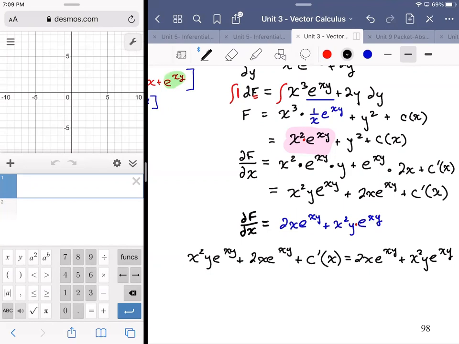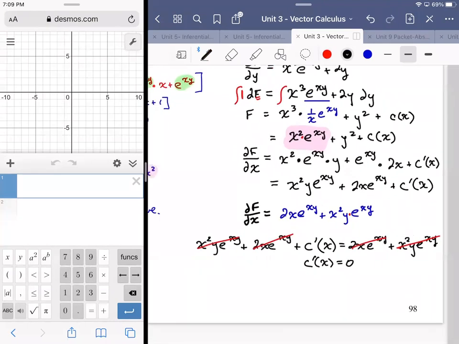All right, so that gives us a full-blown cancellation here. X squared y e to the xy, same. 2x e to the xy, same. We're looking at c prime of x is equal to 0. Now I need c of x.